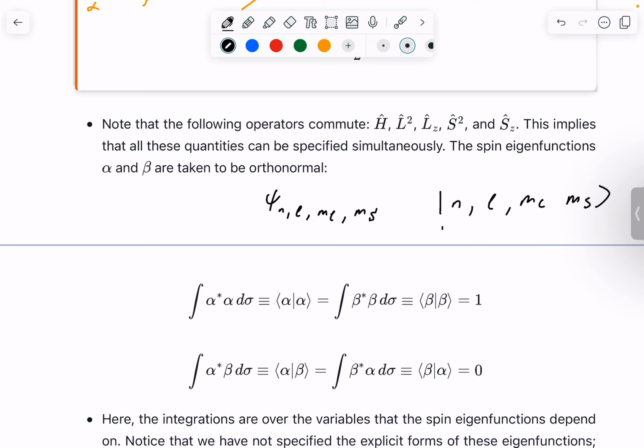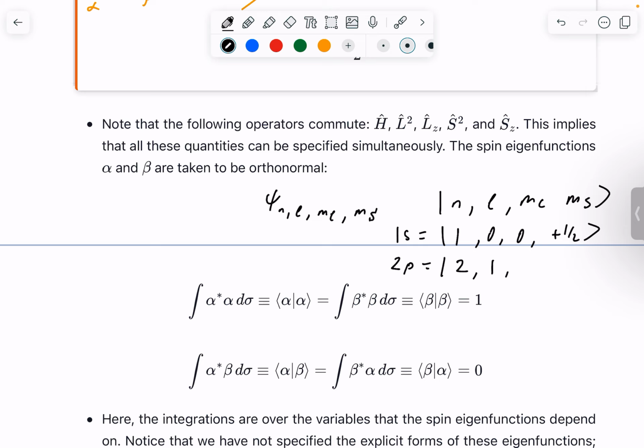So for instance, let's write down the 1s orbital. The 1s orbital would be 1 here, 0 there, 0 there, and this one is, let's say, +1/2. And you can write down the 2p orbital in a similar way. The 2p orbital would be, not 1, it has to be 2 now, the principal quantum number, and l is equal to 1.